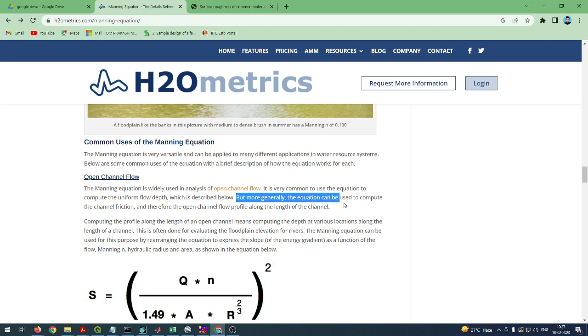But more generally, the equation can be used to compute the channel friction and therefore the open channel flow profile along the length of the channel.